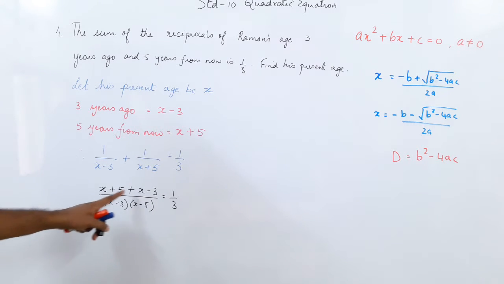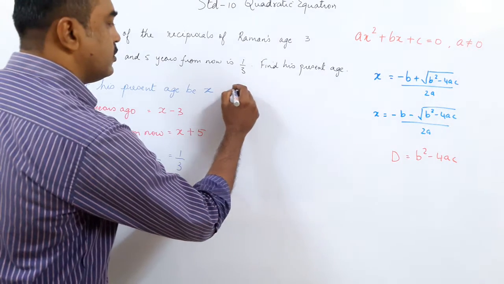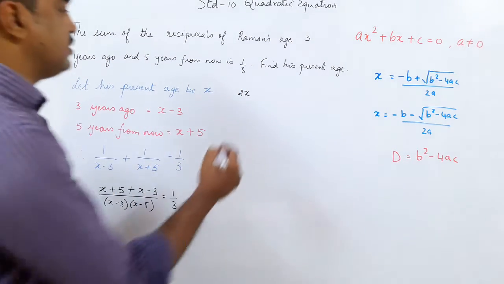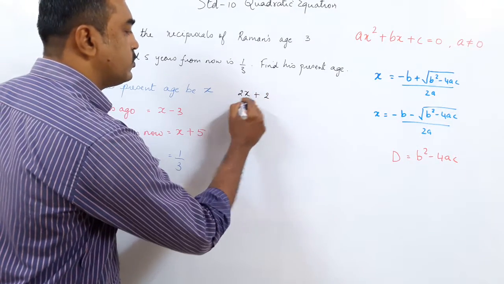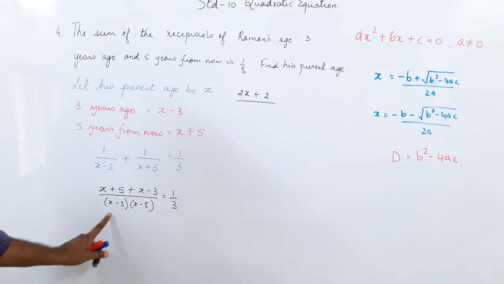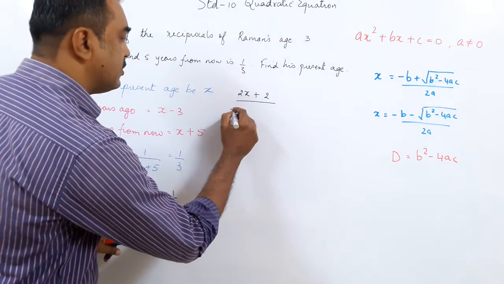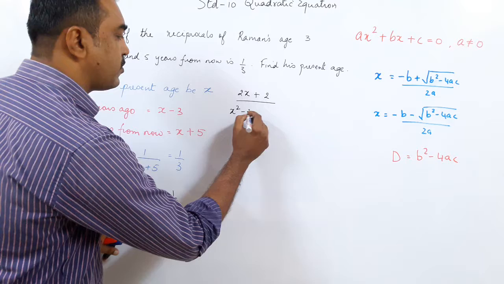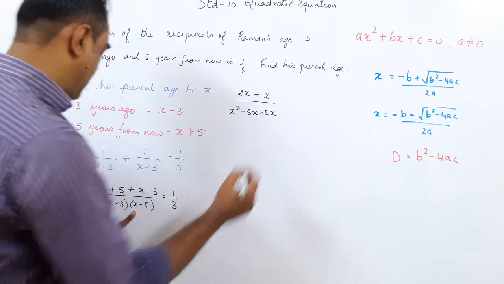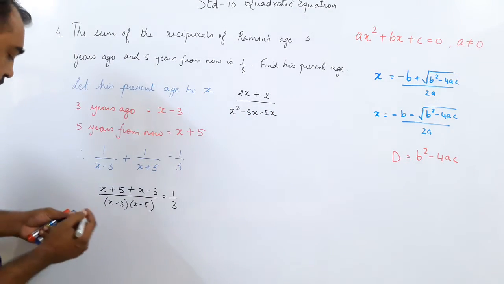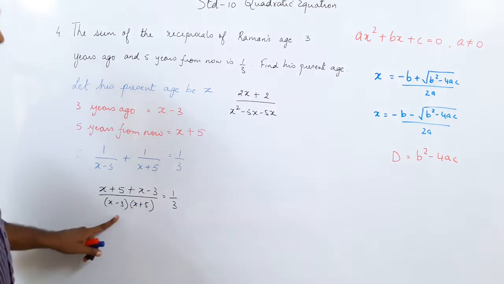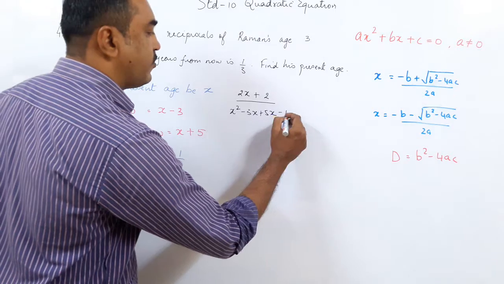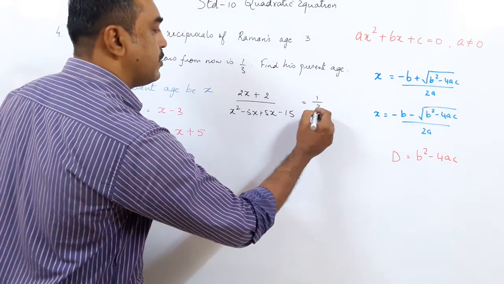Simplify this. x + x you get 2x. 5 - 3 is 2. So (2x + 2) upon x into x is x², then -3x, sorry, this is a plus here, plus 5x and -15, equal to 1/3.